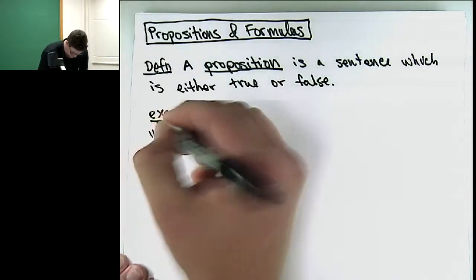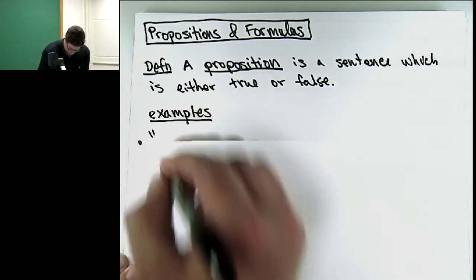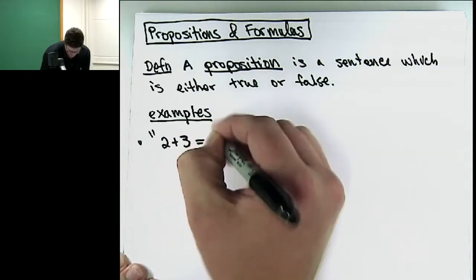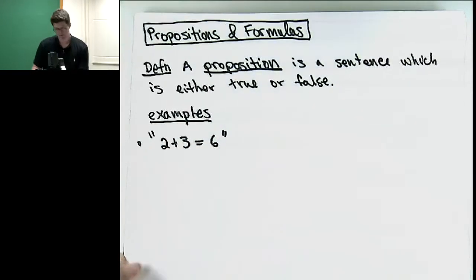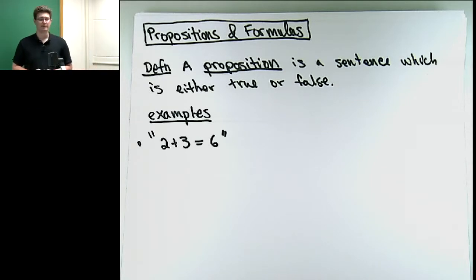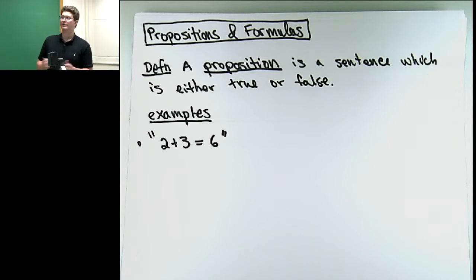Here's an example, I'll put a bullet for the first example. Like "2 plus 3 is equal to 6." Okay? This is a valid proposition. It's a sentence. It has a truth value. This one's false, right? 2 plus 3 is not equal to 6. So this thing evaluates to false. All right, here is another example.